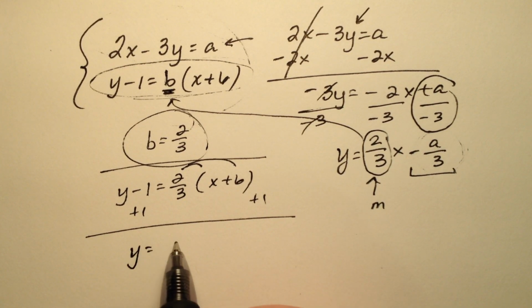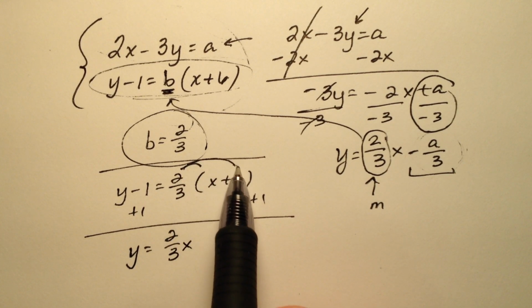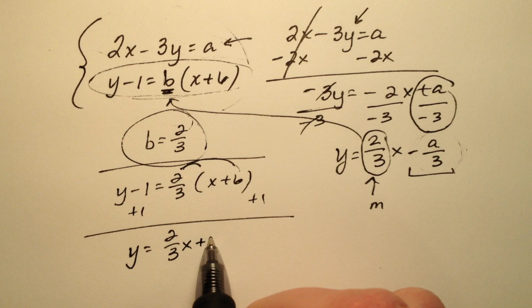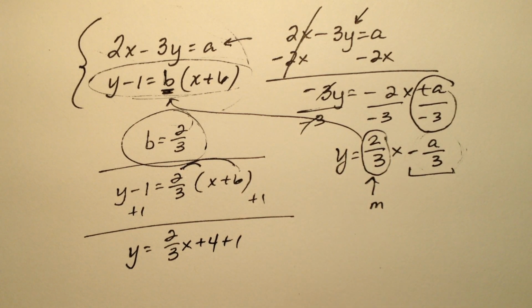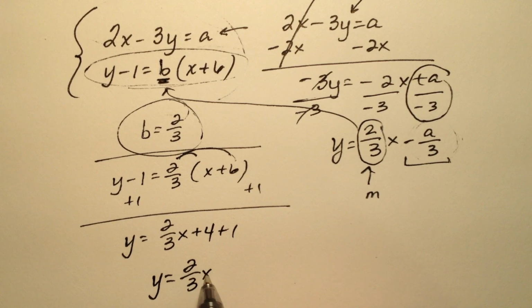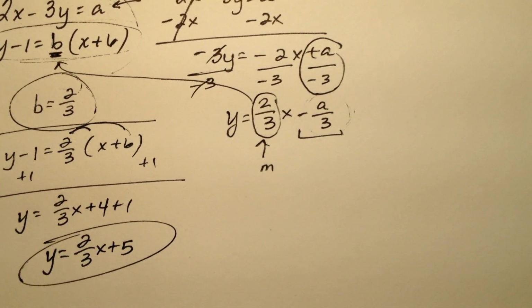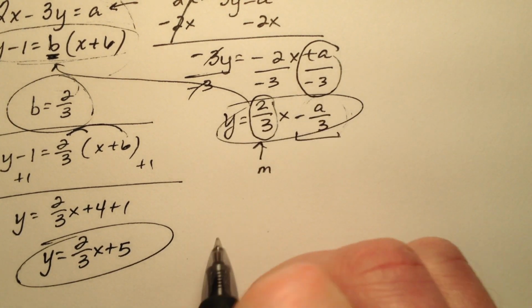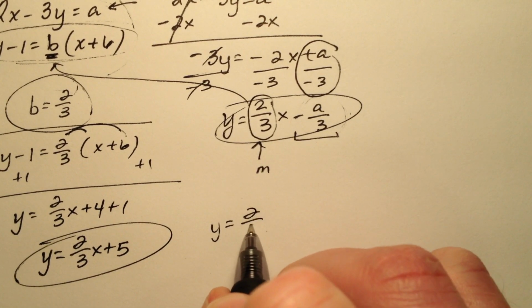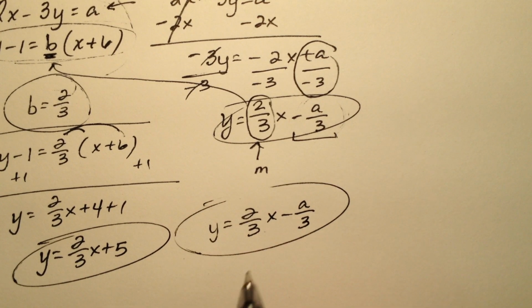When I do that, y equals 2/3 x. The 2/3 times the 6 is going to be plus 4 and then plus 1. So y equals 2/3 x plus 5. So looking back over here, I have y equals 2/3 x minus a over 3.